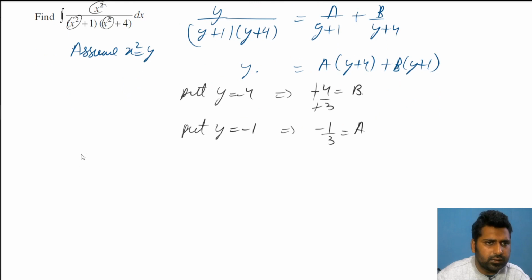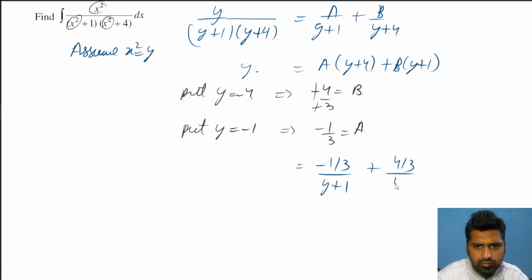So rewriting this question, this expression is going to look like a is minus 1 by 3, so minus 1 by 3 upon y plus 1 plus b is 4 by 3 upon y plus 4. What was actually y? Y was x square. So let's get back to the original question, because this was under the integration, but remember integration was with respect to dx.